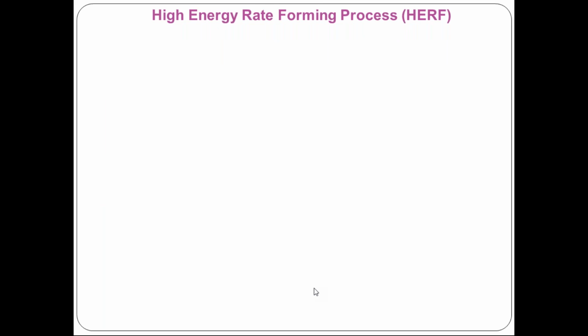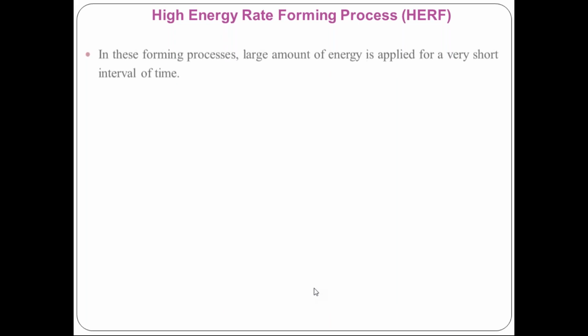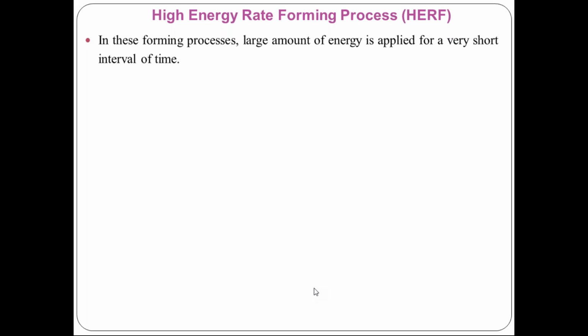Now I'm going to explain to you in short the high energy rate forming process, that is the HERF process. In this forming process, a large amount of energy is applied for a very short interval of time. Compared to the roll forming process, the name indicates high energy rate.